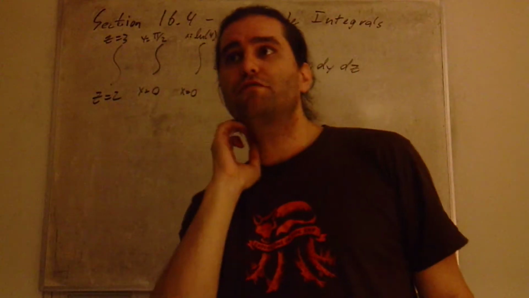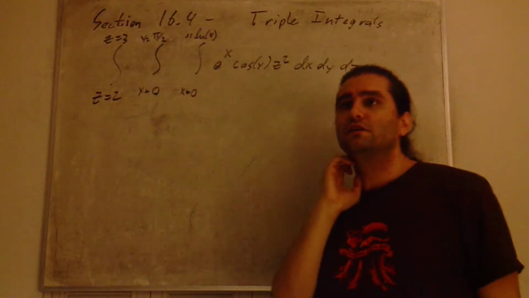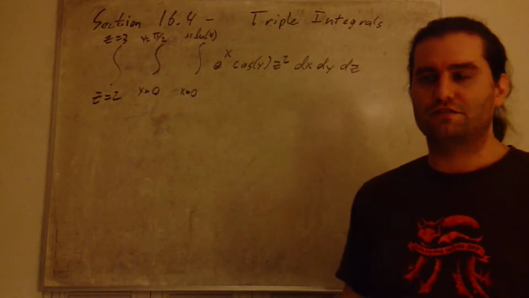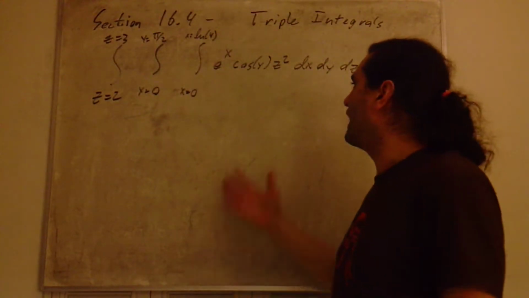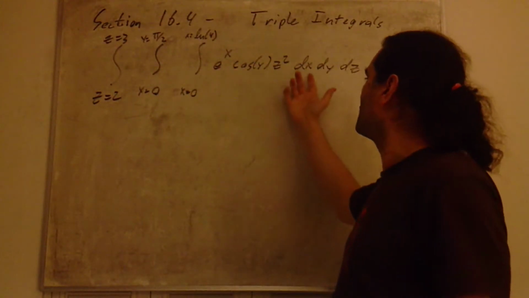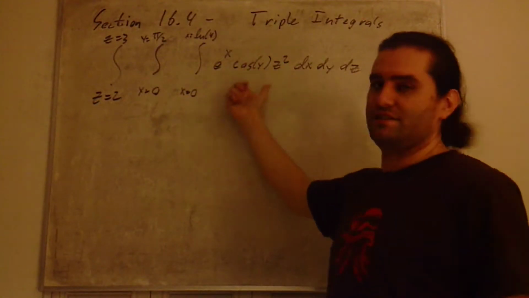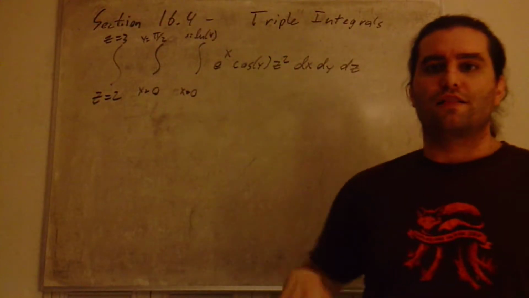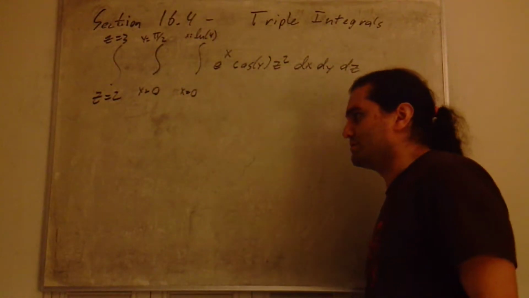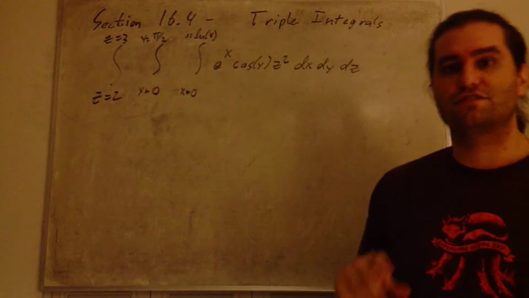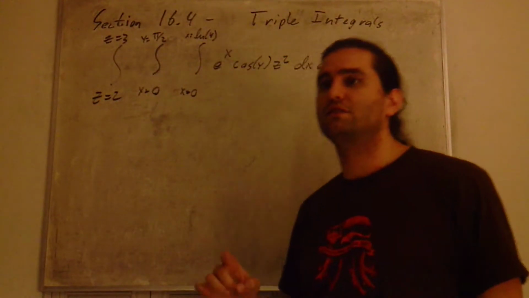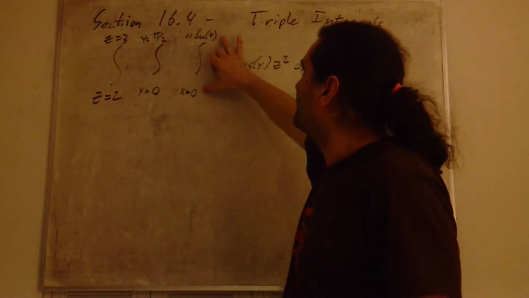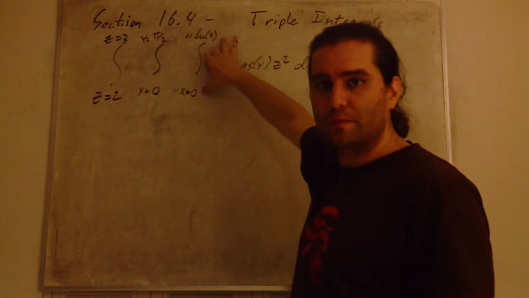So some of these things, aside from the actual integration techniques that haven't changed since Calc 2, and the fact that when we integrate on x, we pretend that y and z are constants, so we're going to treat these pieces like coefficients, that hasn't changed from double integrals. The other thing that definitely hasn't changed from double integrals is we can put functions in the bounds.